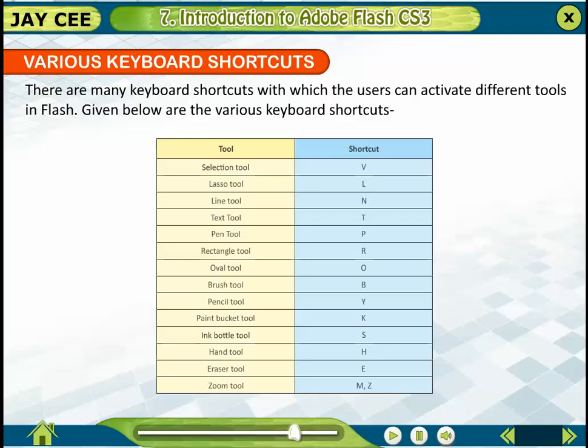Selection tool, V. Lasso tool, L. Line tool, N. Text tool, T. Pen tool, P. Rectangle tool, R. Oval tool, O. Brush tool, B. Pencil tool, Y. Paint bucket tool, K. Ink bottle tool, S. Hand tool, H. Eraser tool, E. Zoom tool, M, Z.